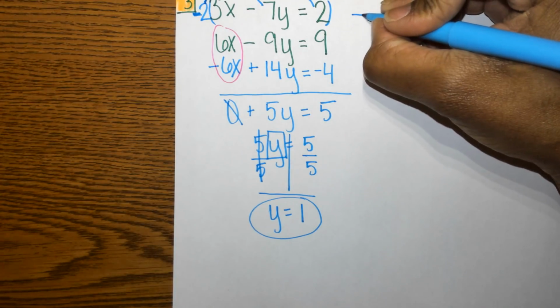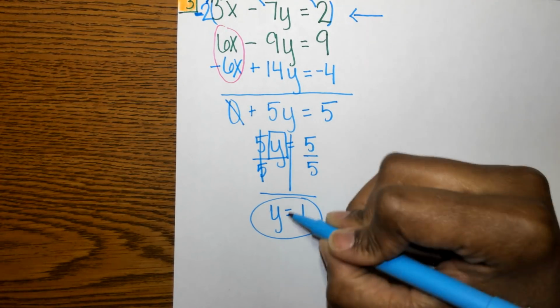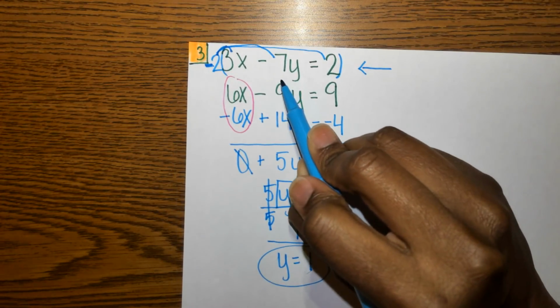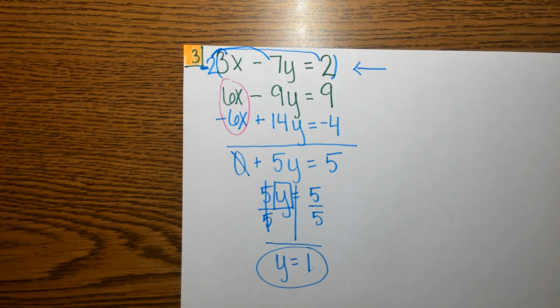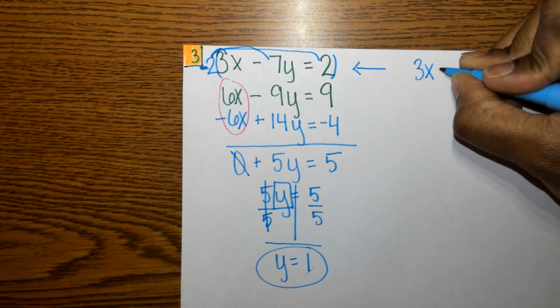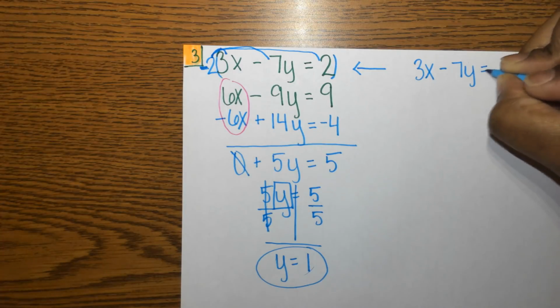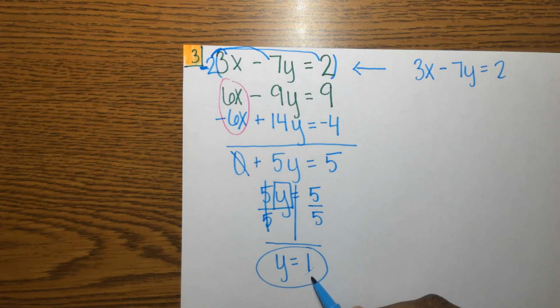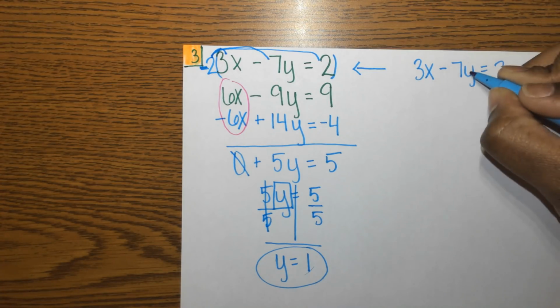So to do that, I'm going to plug my y value of 1 in for the y in the original equation. In my original equation, I had 3x minus 7y equals 2. But remember, we didn't know what y was, but we just solved for y. So we know that y is 1, and since y is equal to 1, I can replace this y.